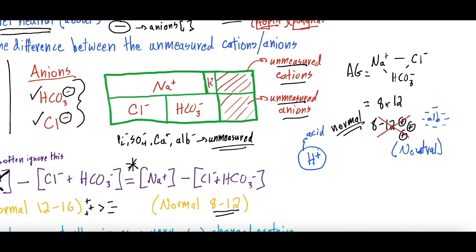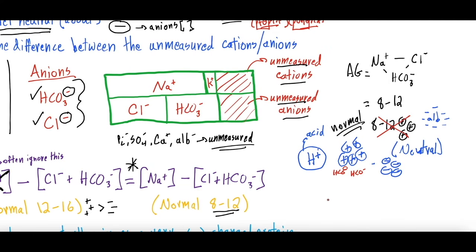So if we increase the amount of positive particles, meaning there's more acid around, and you leave the amount of negative particles, what's going to happen in the body is that you're going to have bicarbonate, a base, come in here and neutralize these acid particles, so you're going to have less bicarbonate.